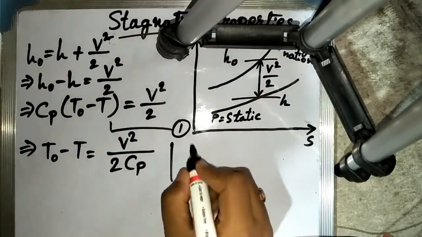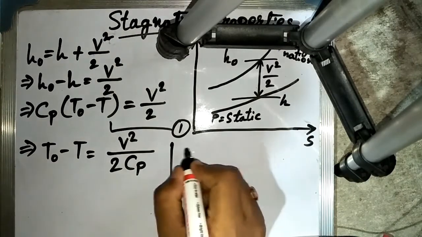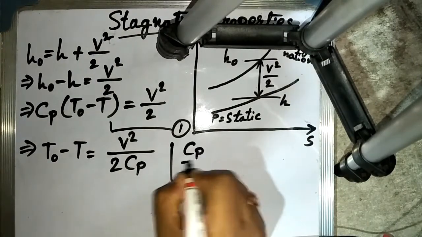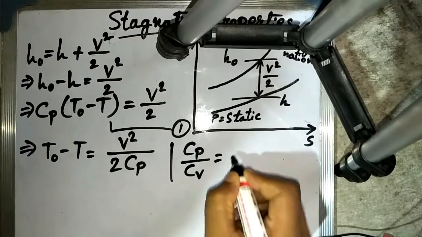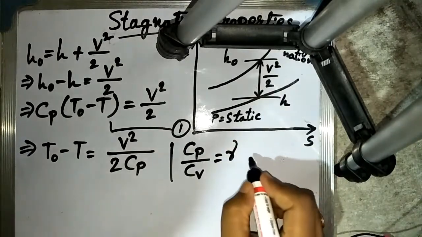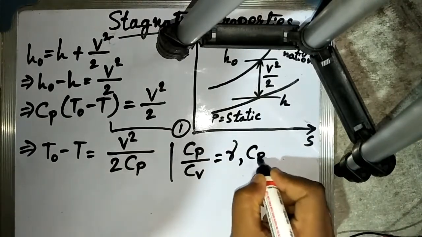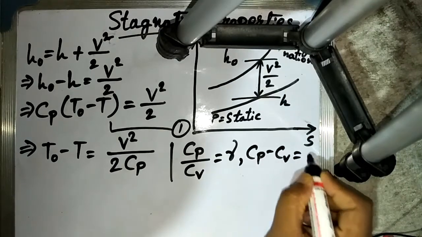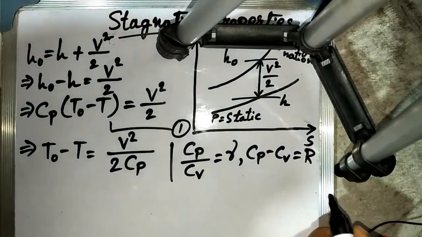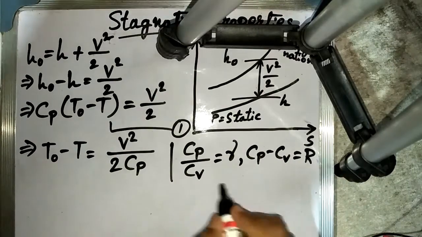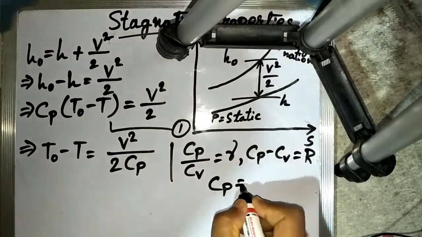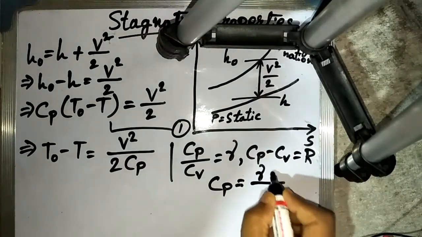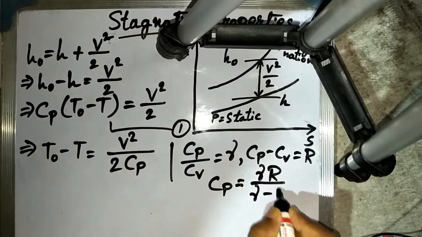We know that Cp by Cv equals gamma and Cp minus Cv equals R. So from these two equations we can write Cp equals gamma R by gamma minus 1.